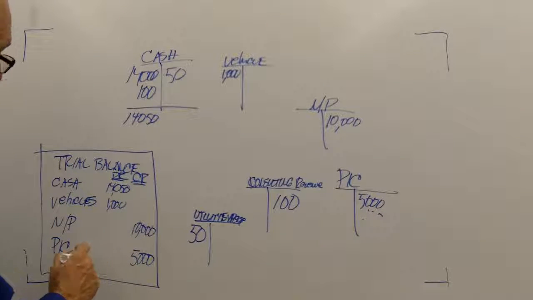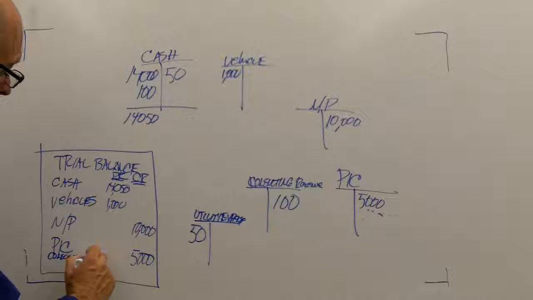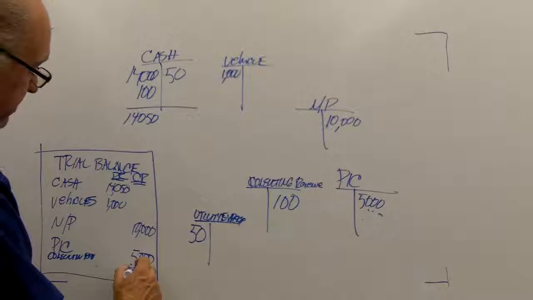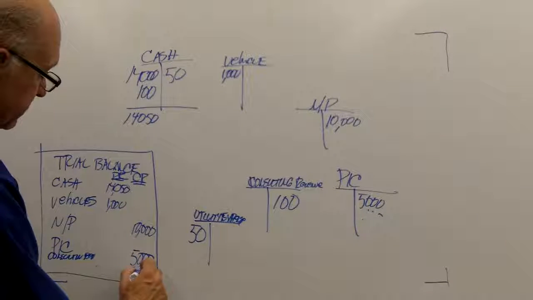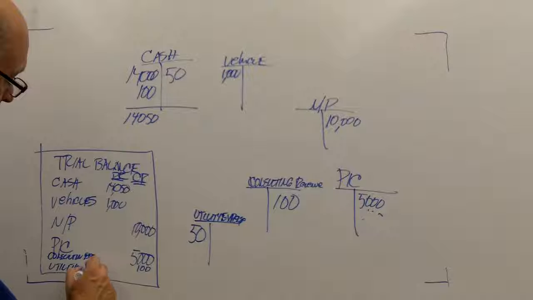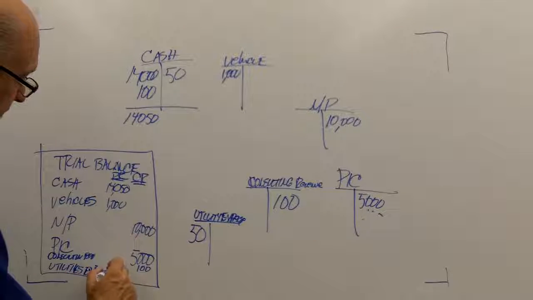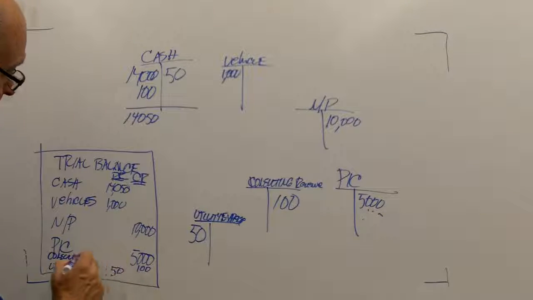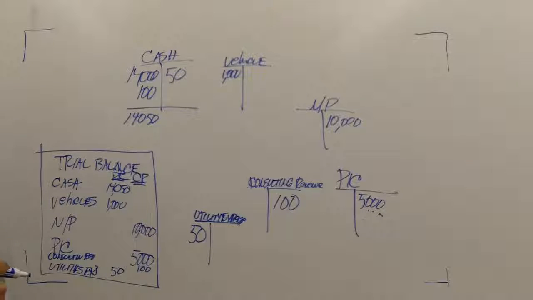Nothing else has changed, but I've added 2 accounts. I have my consulting revenue, and that has been a credit of $100. And I have my utilities expense, which is a debit of $50. Am I still in balance?